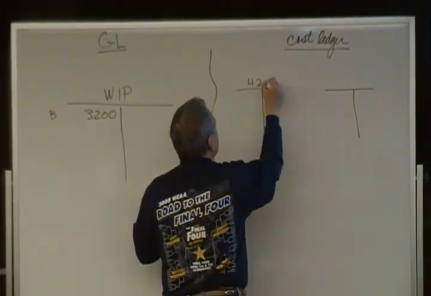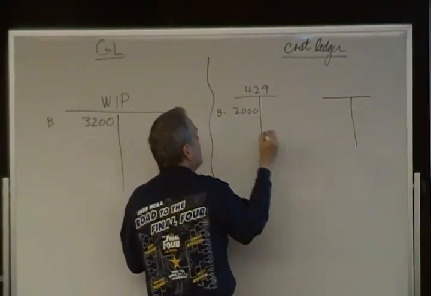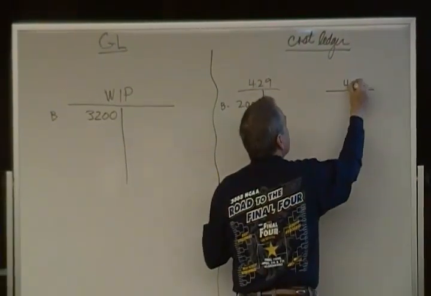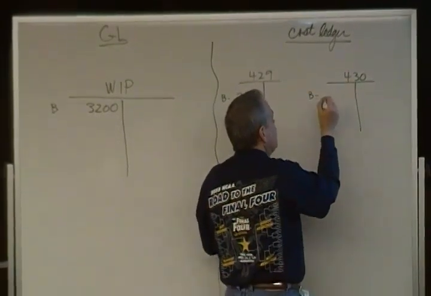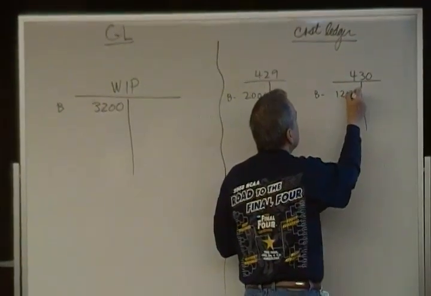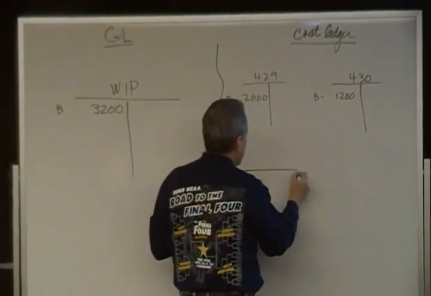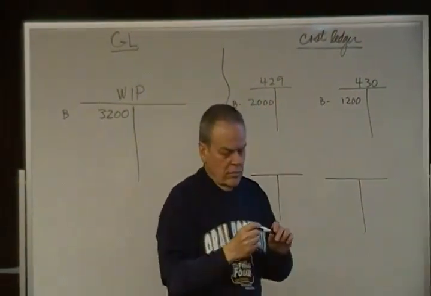Job 429 was $2,000, yes or no? Yes. Did I remember that correctly? Yes. Job 430 has how much in it? I don't remember. Come on, say it. 1,200. And I bet we're going to run across more jobs soon.